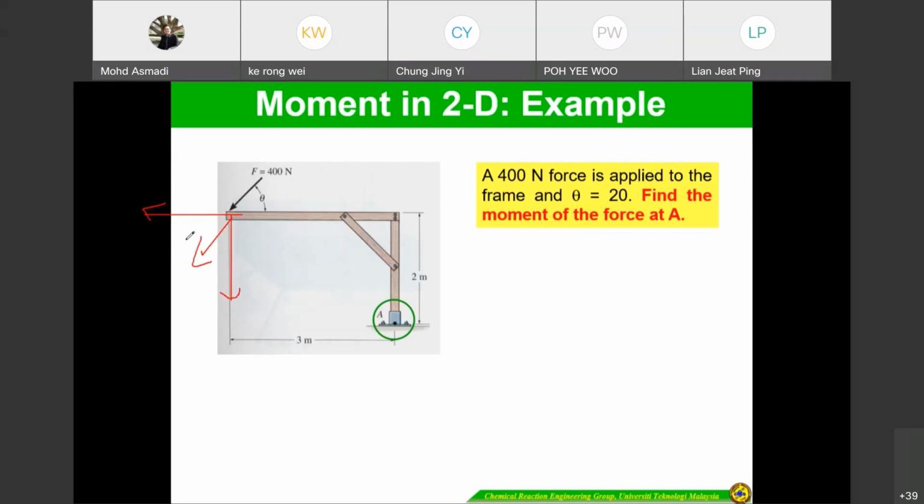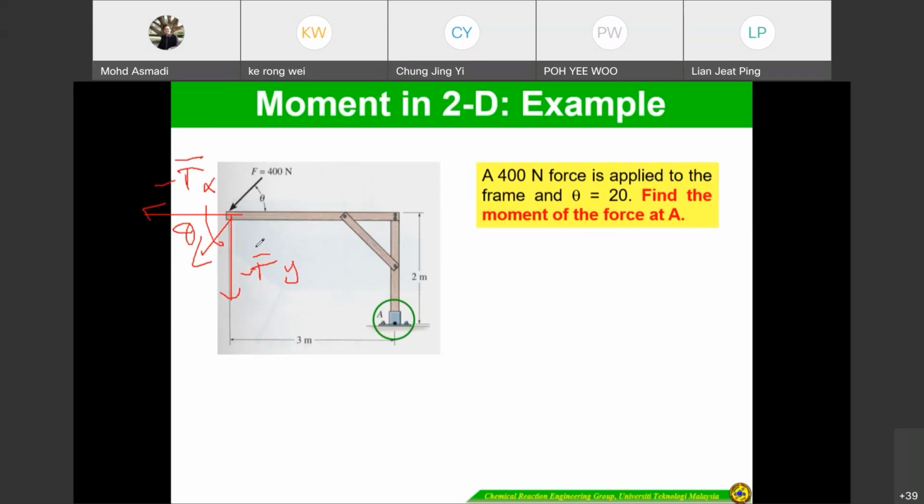So theta is going to be here. You resolve, and this one is negative Fy, negative Fx.